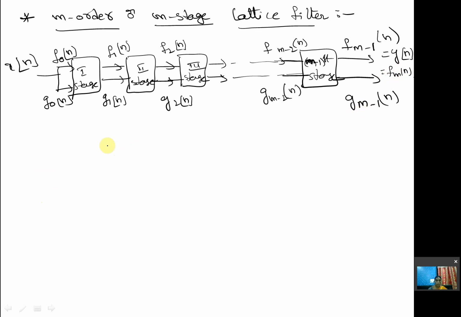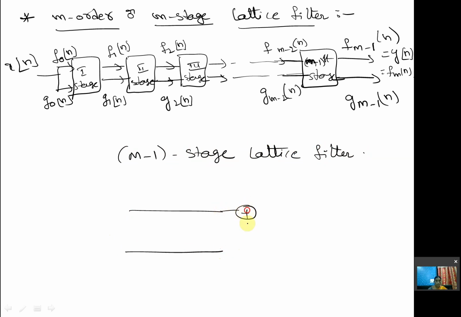Okay, that means M minus 1 stage lattice filter means, see this. Just add a cross, multipliers and then add, and then here use Z inverse. Same thing, same structure. Here what is that? K m, small m. Don't confuse small m and capital M. Here m up to capital M minus 1. Okay, M stage means capital M minus 1.